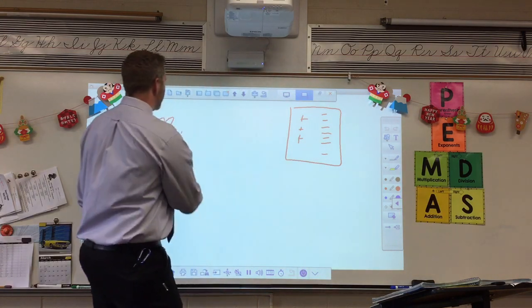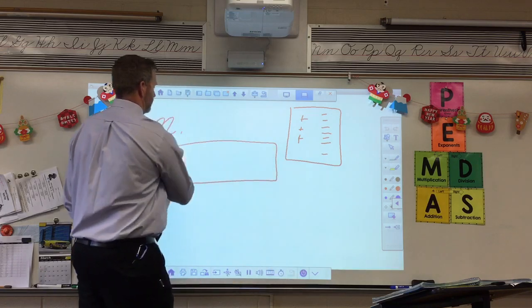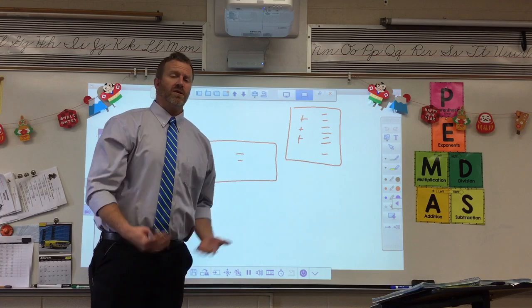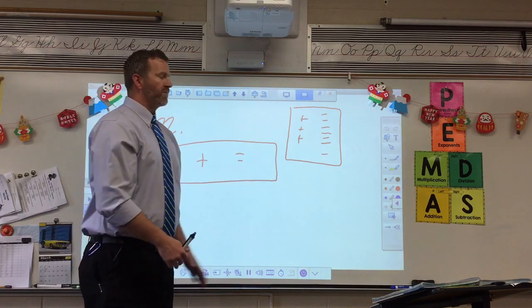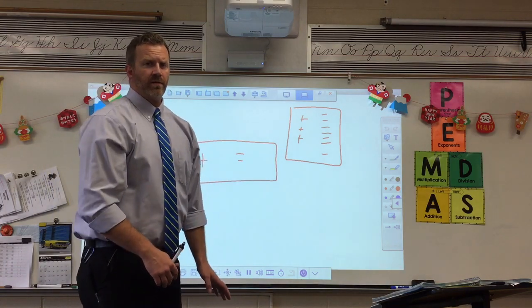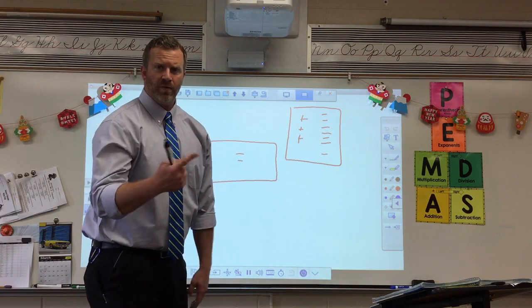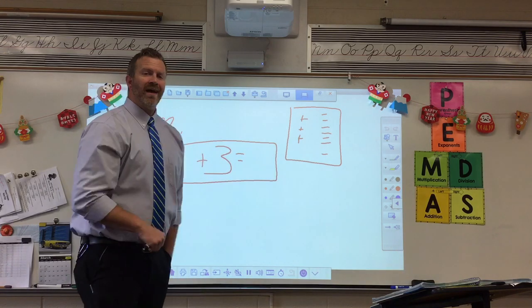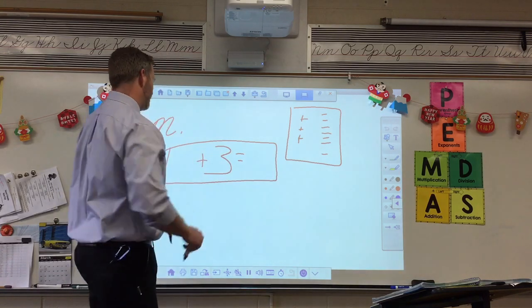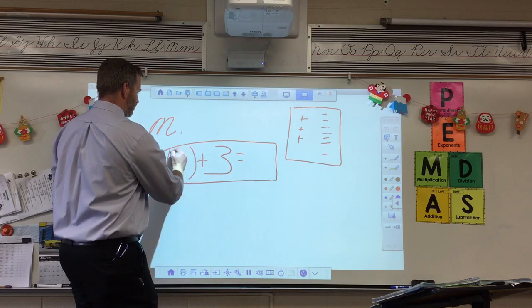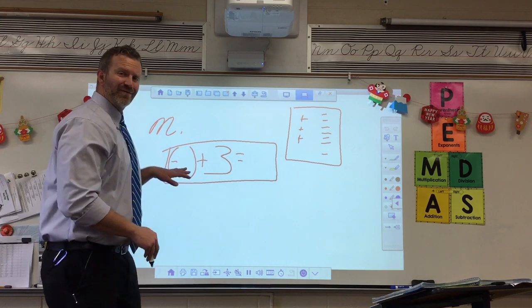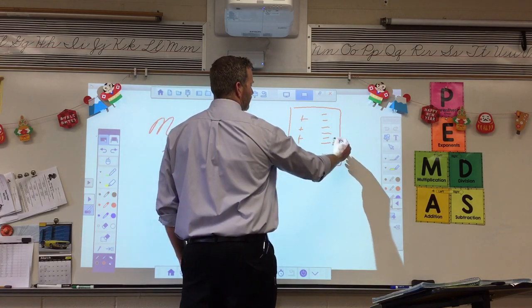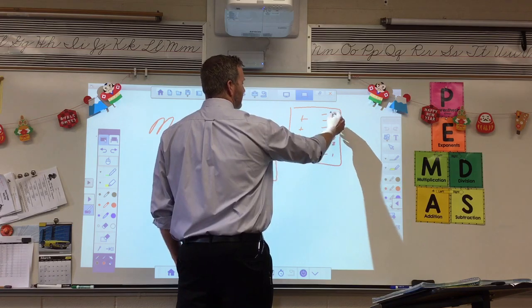Now, they want us to make an addition problem that represents this right here. So let's think about that. Okay, what was my positive number in here? Count them. How many positive signs did we have? Awesome, 3. So let's put a 3. Now, how many minus signs did I have? Because remember, we're going to put it in parentheses. We're going to put a little negative sign in front of it because we know that's that many negative numbers. So we got 1, 2, 3, 4, 5, 6, 7.